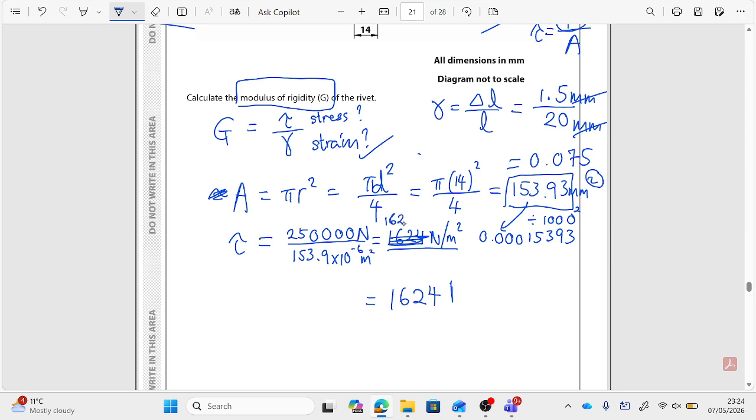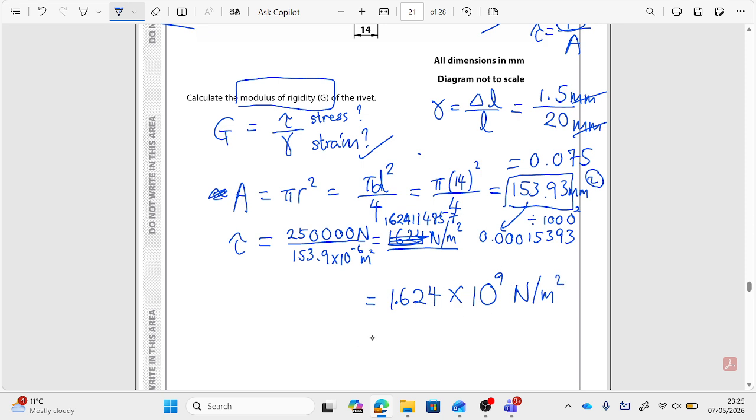It's quite a long number. If you're doing A-level physics, they don't like you to write it like this, so essentially you would have 1.624 multiplied in standard form by 10 to the power of 9 Newton per meter squared.